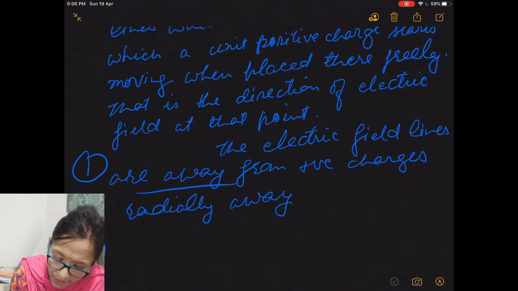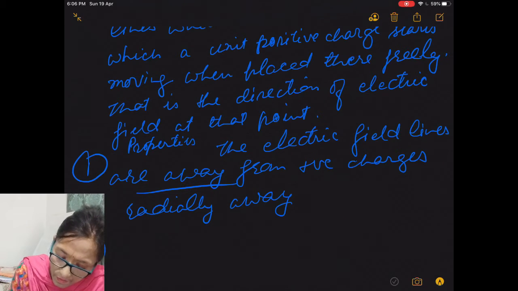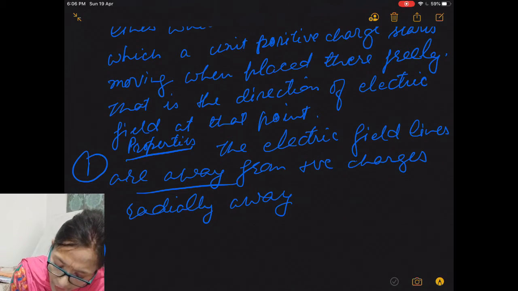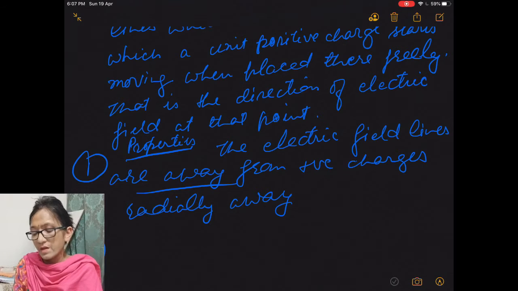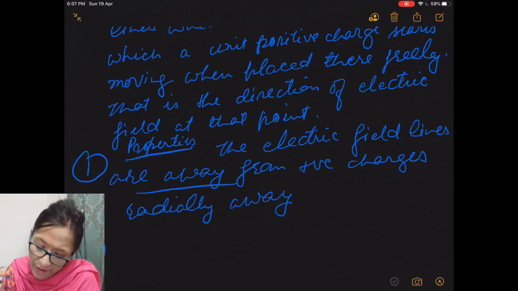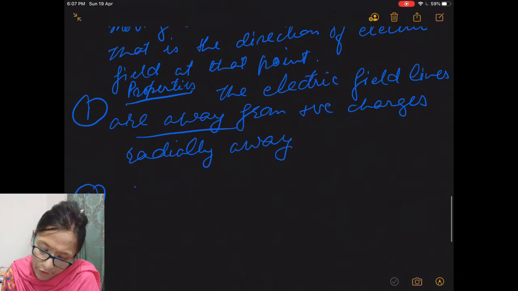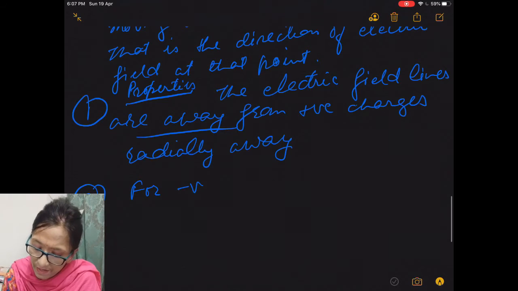Now second property. Here we must write properties of electric field lines. So electric field lines are away from positive charges. These are radially away.